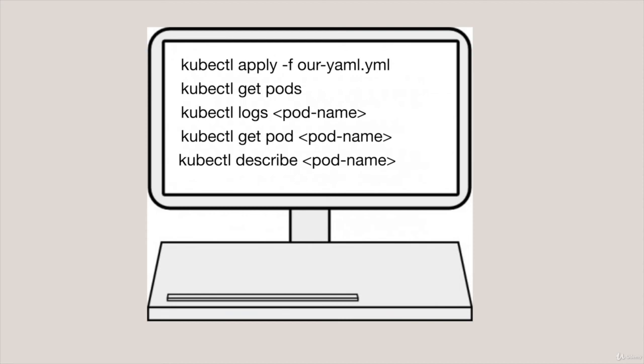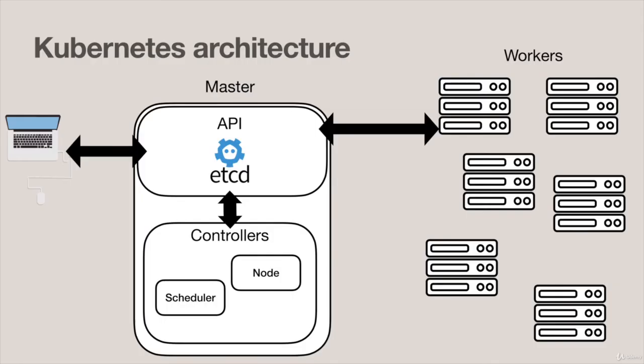And we can actually specify whether we want that output back as YAML or a text description or as JSON. And then finally, if we want to describe a pod state, then we use kubectl describe and then the name of the pod.